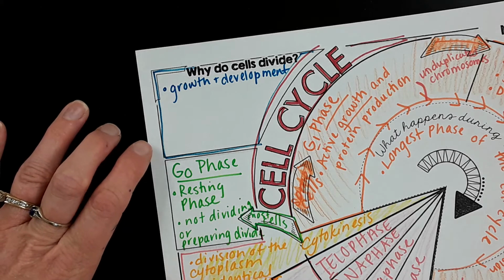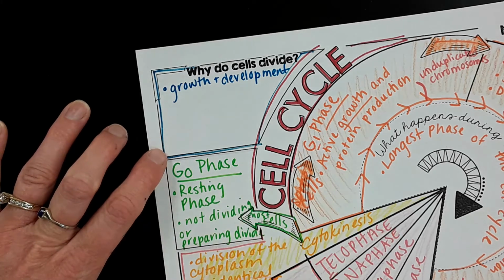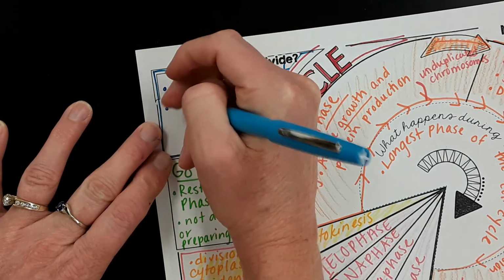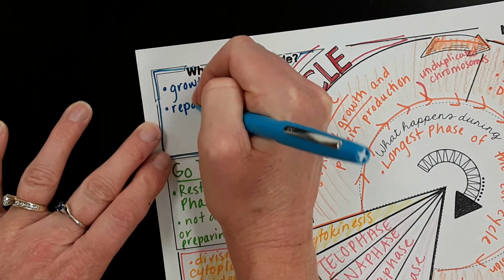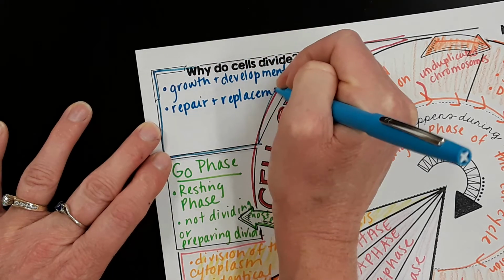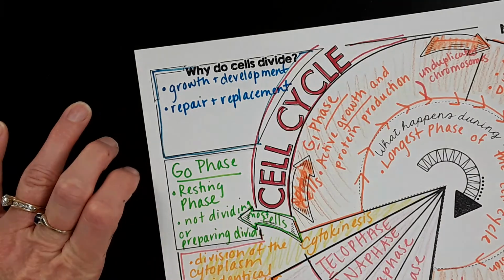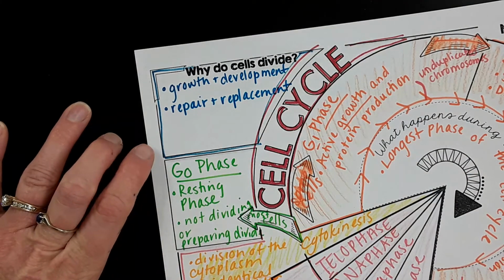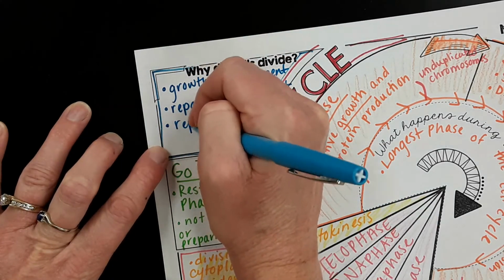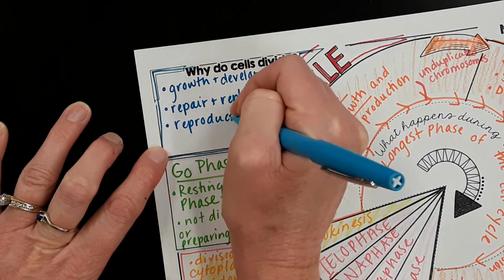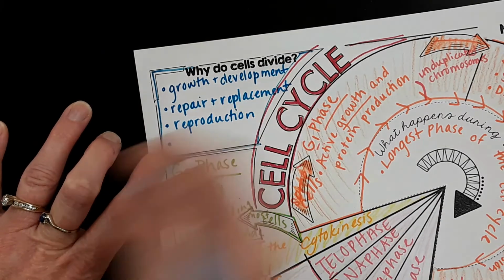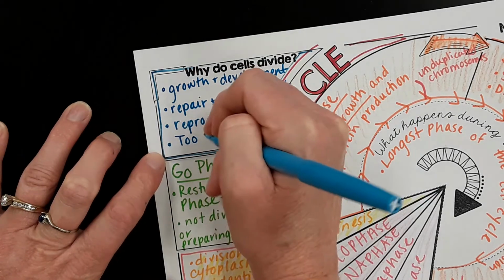As you grow, you're going through tons of cellular divisions to become an adult. The other reason is for repair and replacement of tissues. You are repairing cells that are damaged and replacing cells that are worn out. Your cells also divide for reproduction, to make gamete cells. And the final reason is sometimes your cells divide because they just get plain old too big.